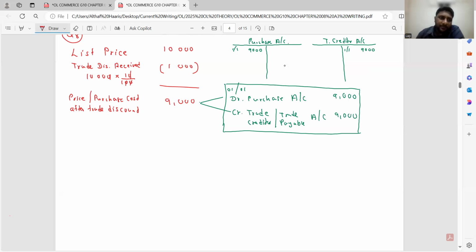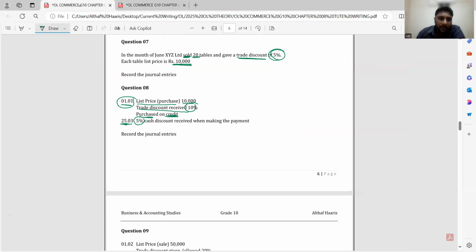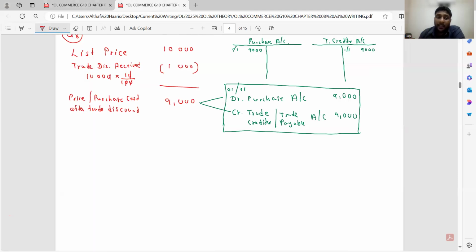Now people listen. Next, 25th March, when I am going to make the payment, the supplier is giving me 5% cash discount. So how to calculate this, people? Listen carefully. Cash discount received.